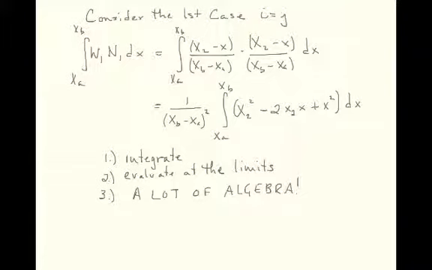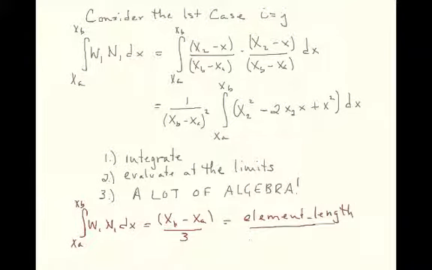After all this, the integral from xa to xb of W1 N1 dx is equal to xb minus xa over 3, which is the element length over 3.